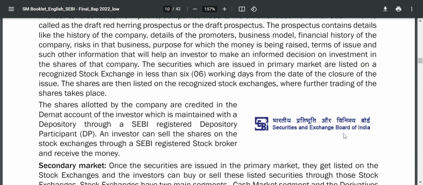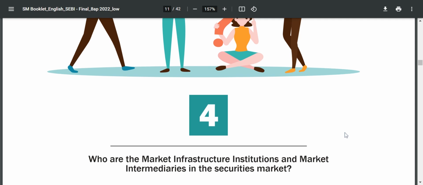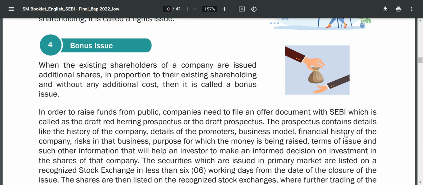I think the video ends here, because I am using the material of SEBI, the Securities and Exchange Board of India. I am using SEBI's material booklet because I could easily access it for personal finance.